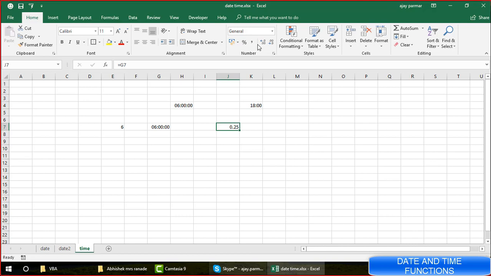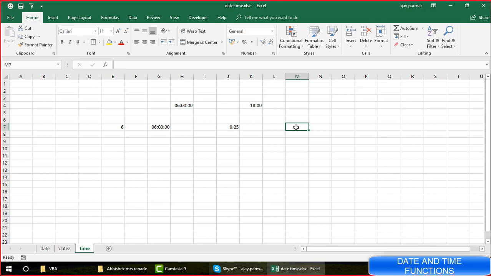But what is the calculation behind this 0.25? In the date we saw there is a calendar which the date follows, but what is the procedure for time? See this. Excel says that in a day we have 24 hours.